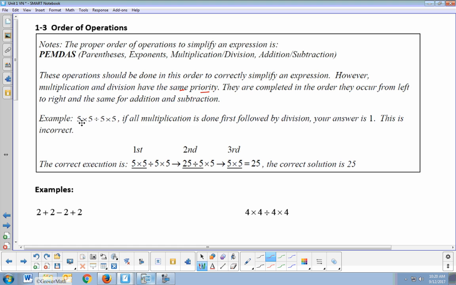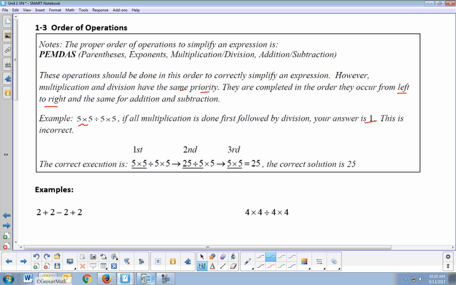Like when you see something like 5 times 5 divided by 5 times 5, if you were to multiply first, 5 times 5 is 25, 5 times 5 is 25, then you would divide and you'd get the answer of 1. This is wrong. That is not the correct answer. What you're really supposed to do is multiply and divide at the same time, left to right, whatever happens first.